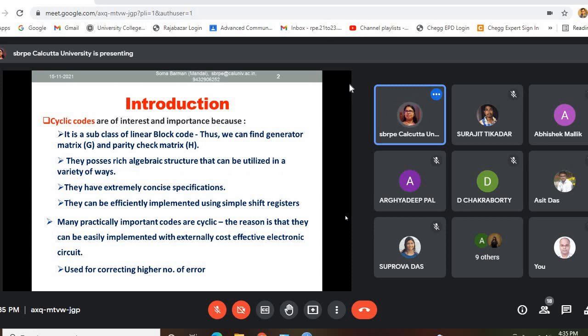It is nothing but a subclass of the block code, so obviously the block code properties, that is the linear property and the zero code word property, should also be maintained by the cyclic code. So when you are designing the cyclic code, you have to keep in mind that the properties of the linear block code should also be applicable in the case of the cyclic code.